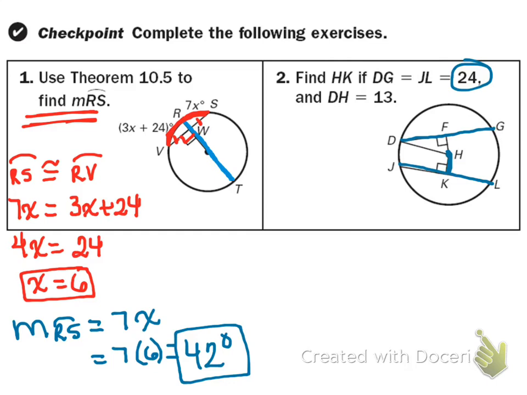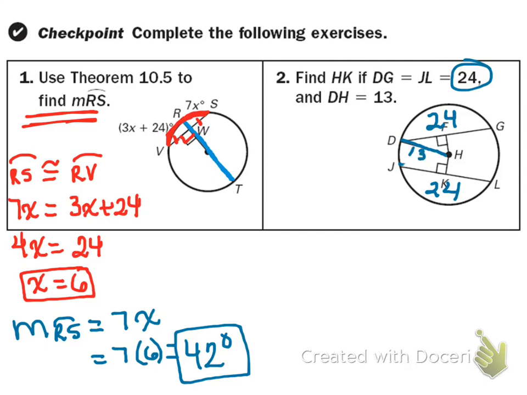So they're congruent to each other, and they are both equal to 24. So we know that DG is 24, and we know JL is 24. We also know that this segment DH is 13.